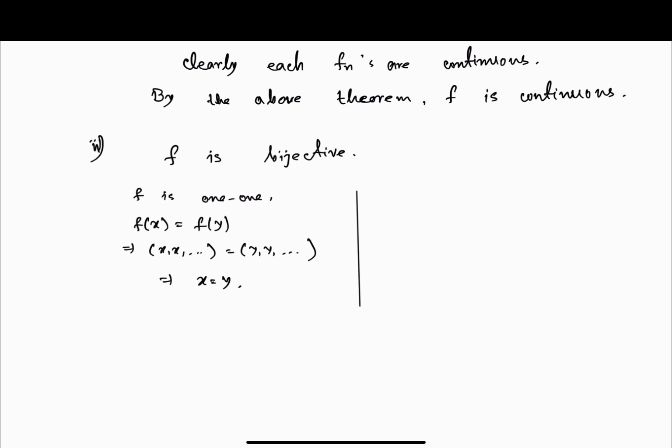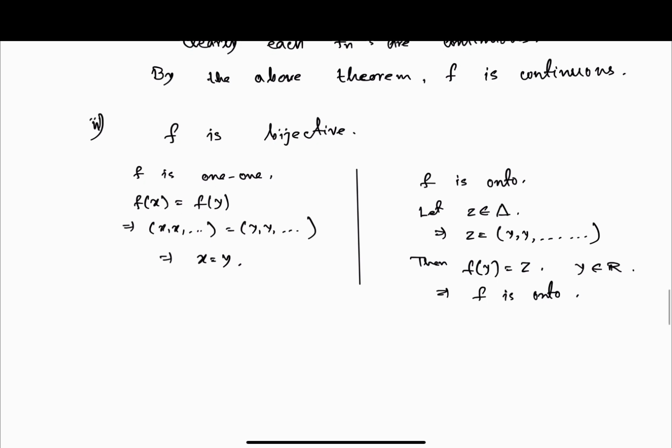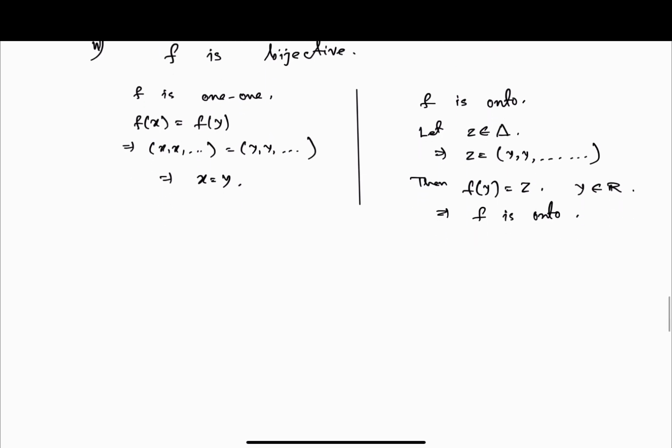And why is f onto? f is onto also, because this is by definition onto. If you take any point z in this delta, then z will be (y, y, ...) for some y in R, so f of y will be z. This implies f is onto. So bijectivity is fine.